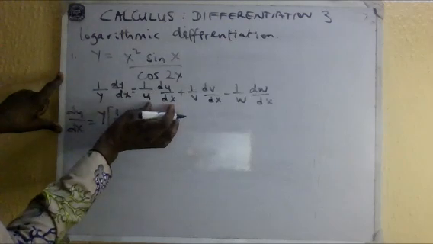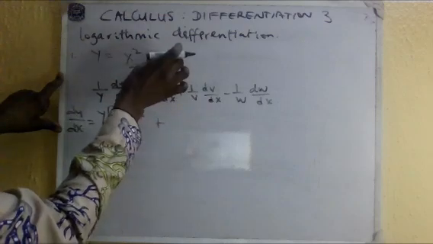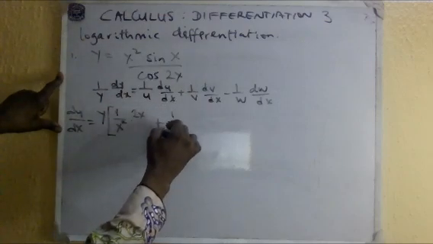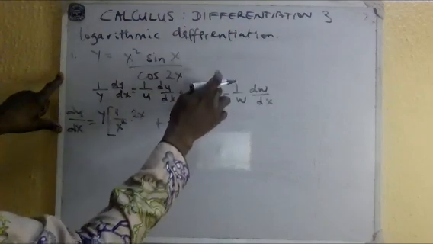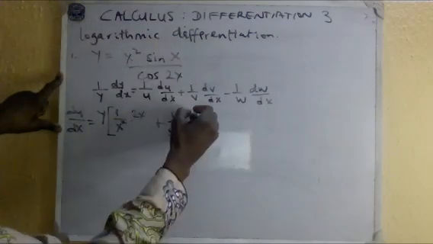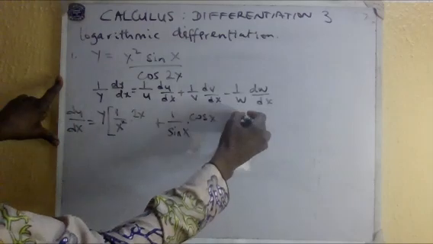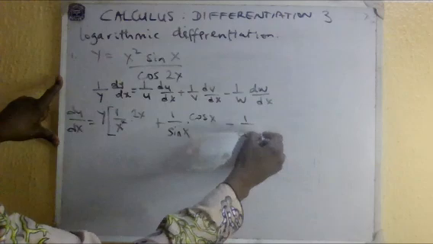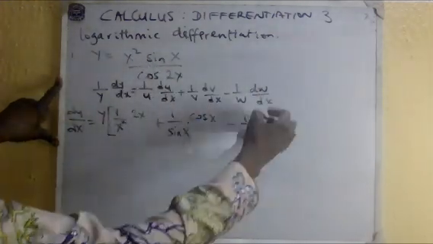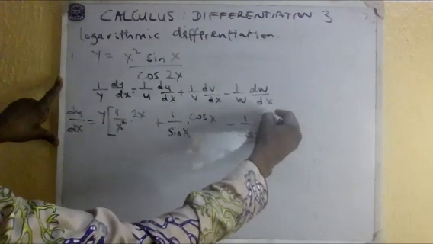I'm done with this term. Plus 1 over v. What's v? v is sine x. 1 over sine x dot dv/dx, differentiate sine x, I get cos x, minus 1 over w. w is what? cos 2x. Differentiate cos 2x. I have minus dot minus sine.